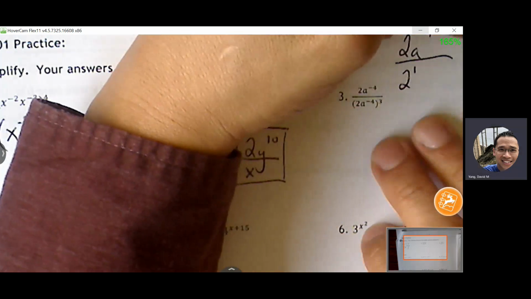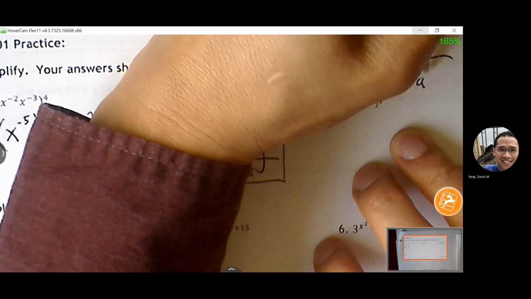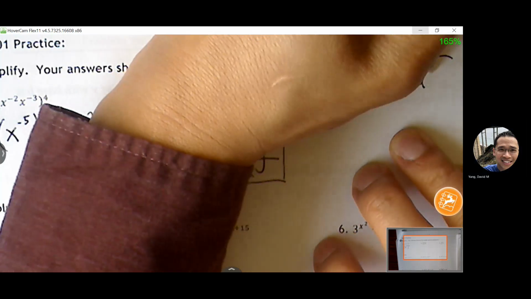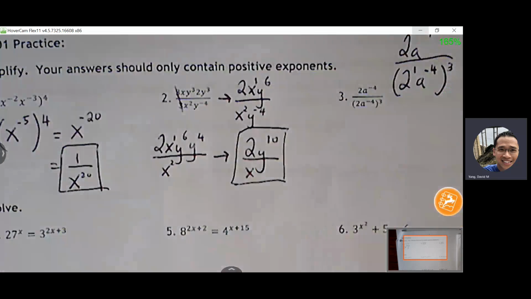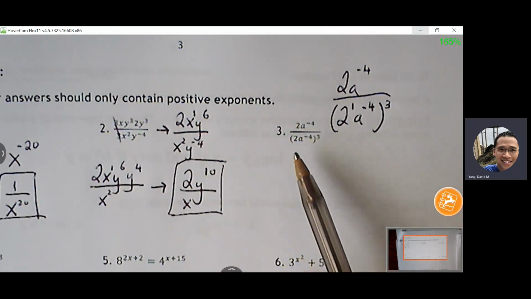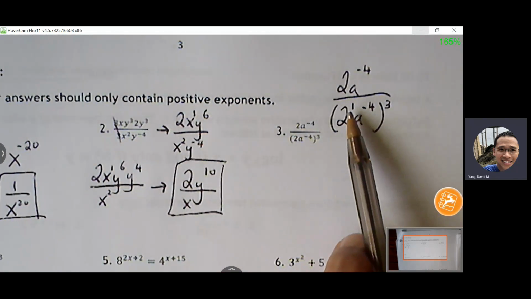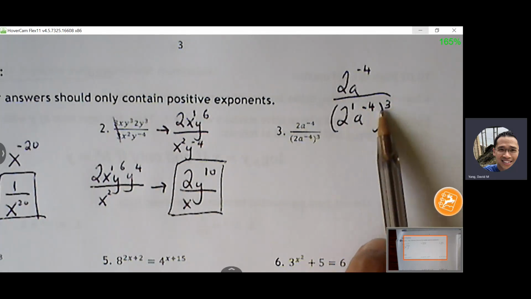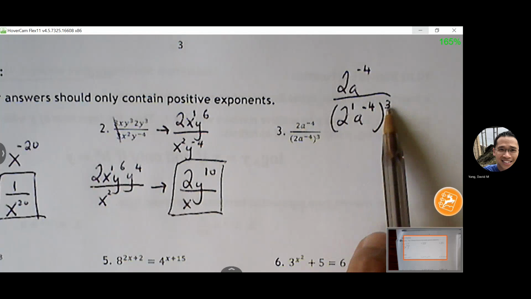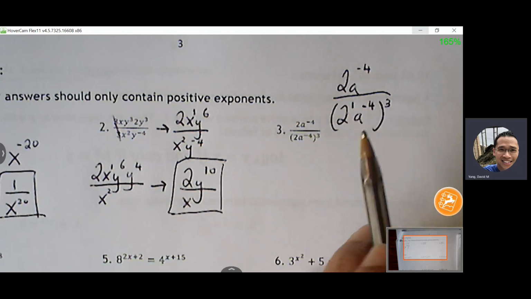And whenever I'm distributing an exponent through, I like to show where my hidden exponents are sitting, so that I know what to do with them. It's nice to have that 2 to the first power, so that we know that if I distribute the 3 through, it's the exponents that see each other. 3 times 1, 3 times negative 4.